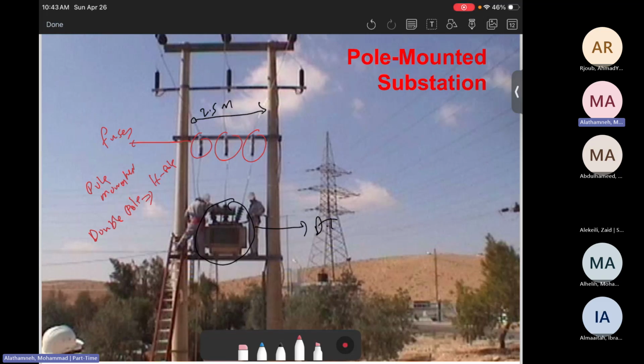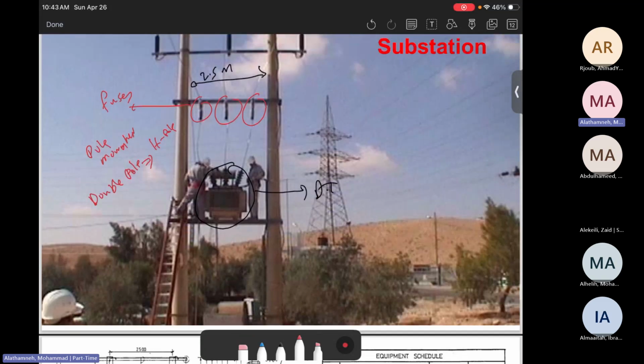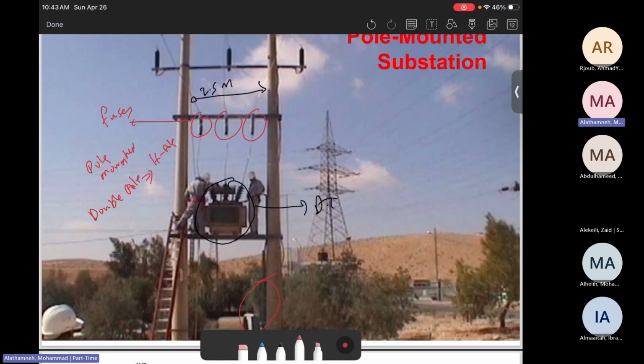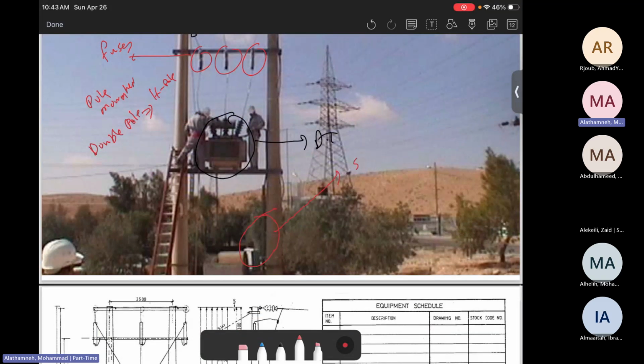There should be a panel somewhere for the switchgear, maybe here, maybe this one. We call it the switchgear. In the switchgear, you will see there should be meters.